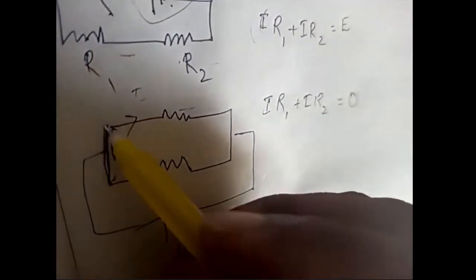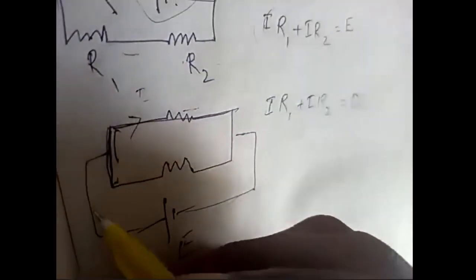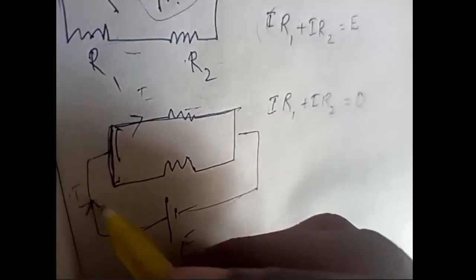parallel connection. If it is having an EMF E, now you are looking at this loop only. You are not at all considering this EMF part. Then what happens if a current I is coming?